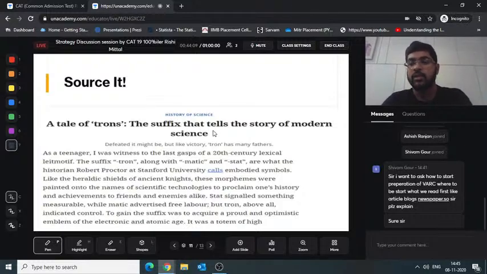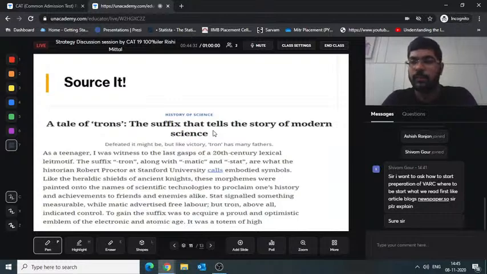Okay. When it comes to preparation, you don't need to go out of the way to read all these articles, blogs, or newspapers. Definitely, those are good. You must do that. I had mentioned in my last session that you must read articles from newspapers and try to summarize one every day for yourself.